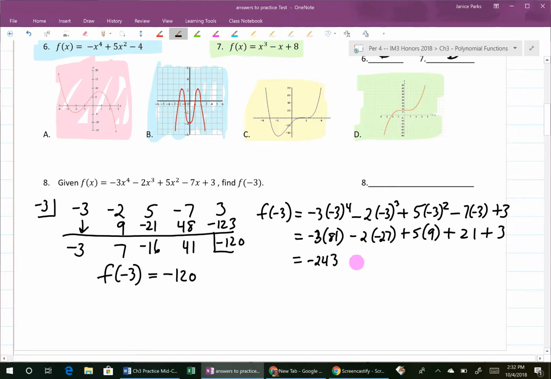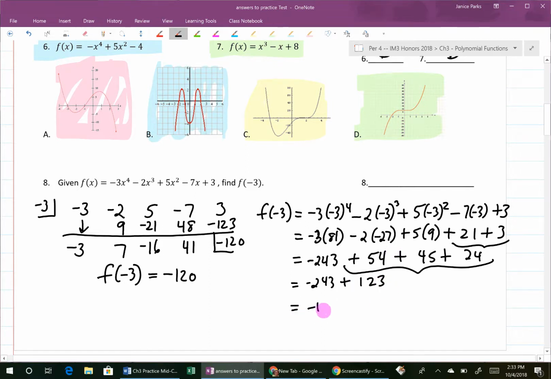That's negative 243, plus 54, plus 45, plus 24. These are all positive. They add up to positive 120. So that gives me negative 120. Same answer: f of negative 3 is equal to negative 120.